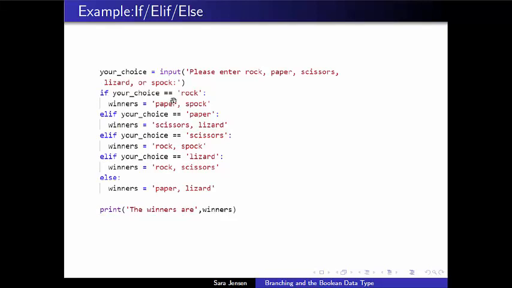If our choice was not rock, then we skip the block of code that is associated with the if, and we proceed to the first sequential elif statement and run this next check. And we continue in that way.